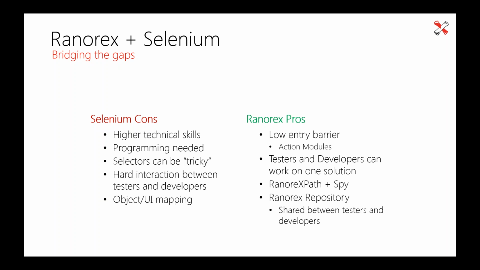So when we go through the right-hand side, Ranorex has a lower entry barrier, especially with our action modules, where testers can use these action modules, but the developers can still stay on their coding level. We even implemented a feature which you guys were asking for in the last webinar. You can now even access the driver directly in Ranorex.